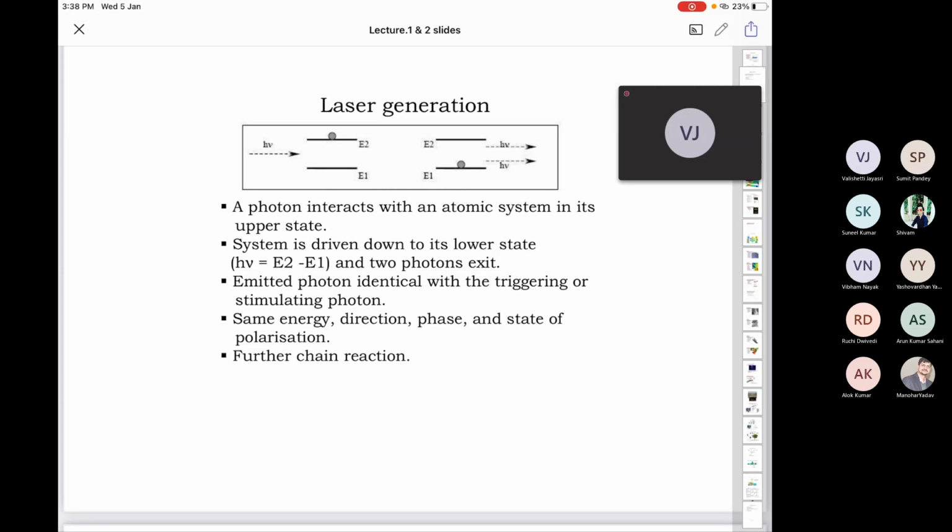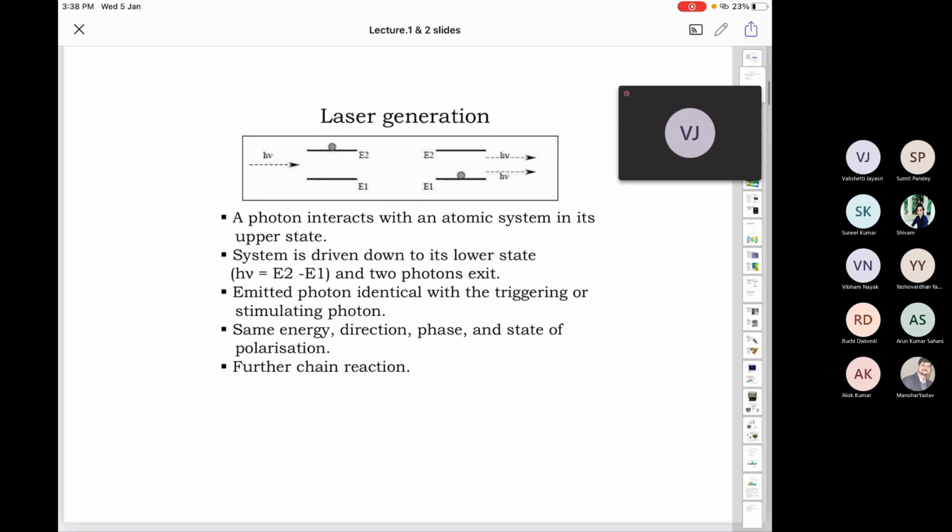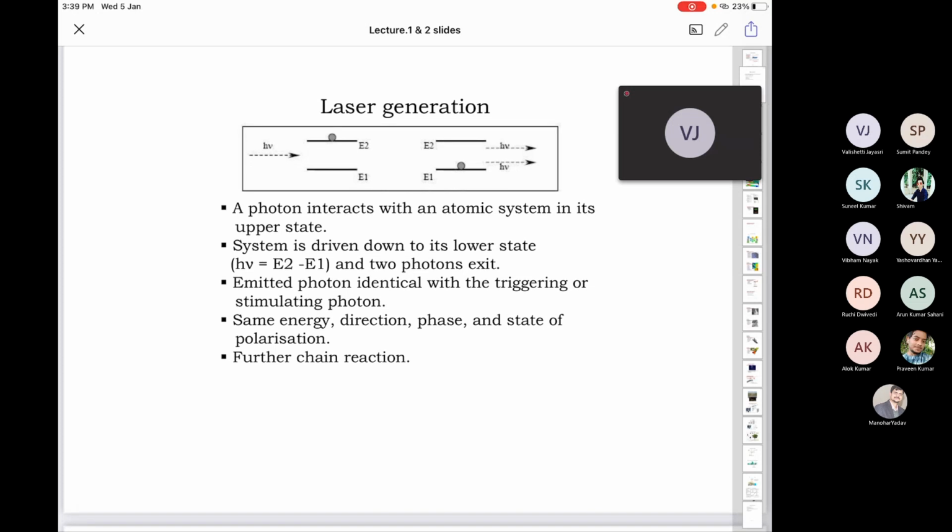The two photons generated by triggering with an external photon should have the same energy, same direction, phase, and state of polarization. Further, two generate four, then eight. It's a kind of chain reaction.